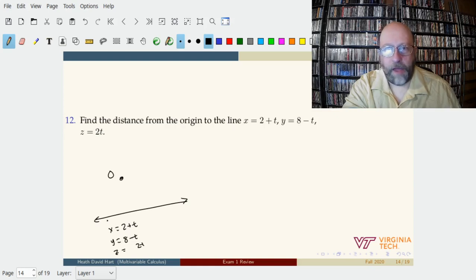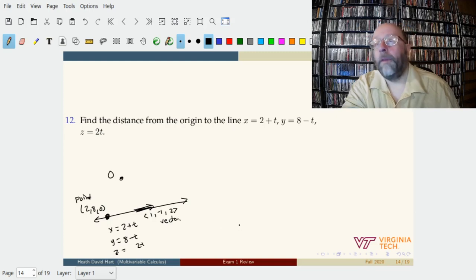So this is a line that contains the point (2, 8, 0) and goes in the direction of the vector (1, -1, 2). Okay.